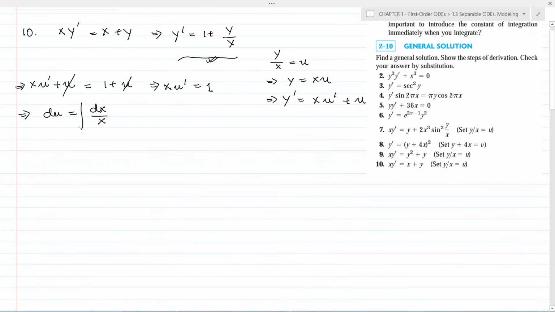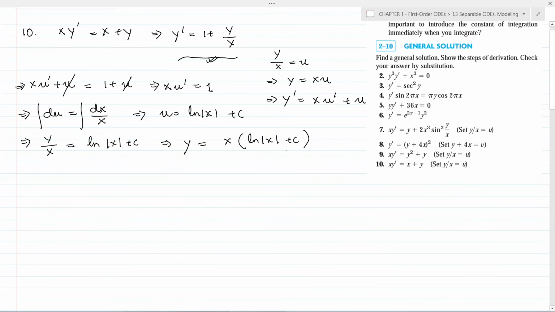We can integrate both sides and the result is u is equal to ln x plus c, y by x is equal to ln x plus c, and y is equal to x times (natural log of x plus c).